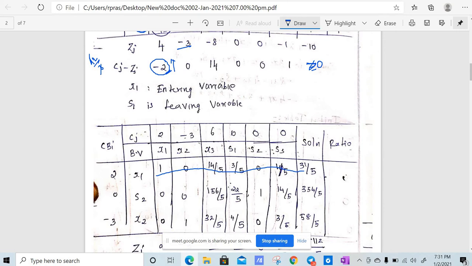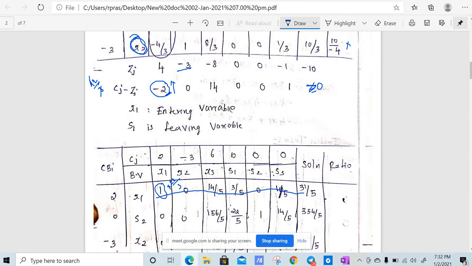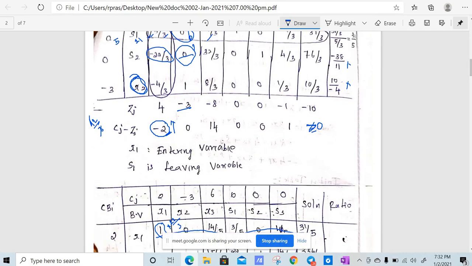After that we need to make this element 0 with the help of this element. Whatever number we are multiplying, we need to multiply here only, right? So I'm going to multiply by 22 by 3 and then add. So minus 22 by 3 plus 22 by 3, so there will be 0. Here we have 0 and here we have 0. So 0 minus 22 by 3 into 0 is 0 again. And here we have 32 by 3.